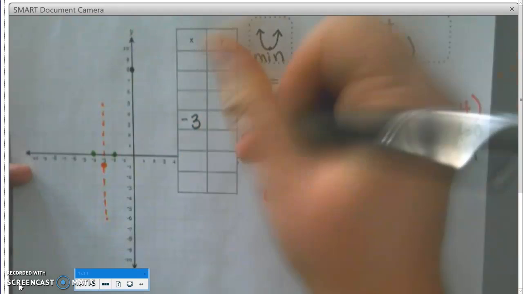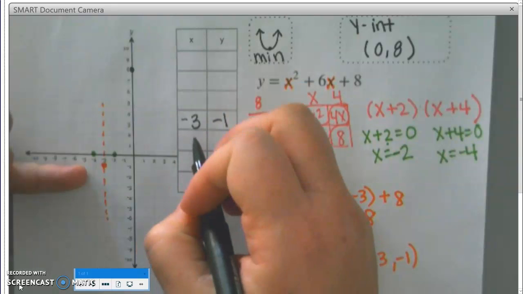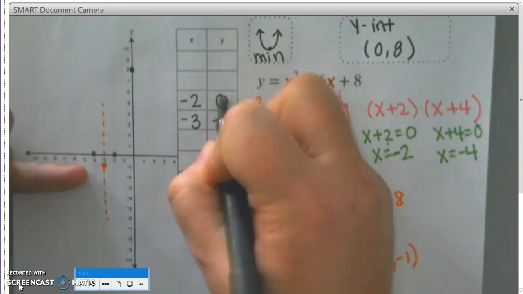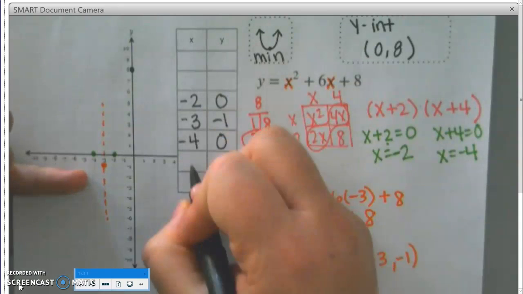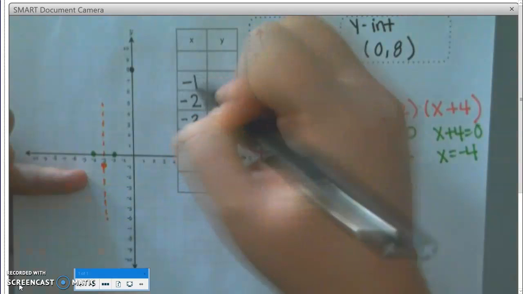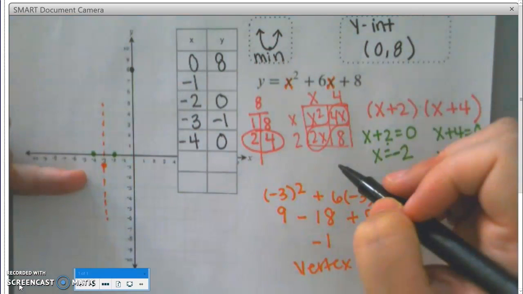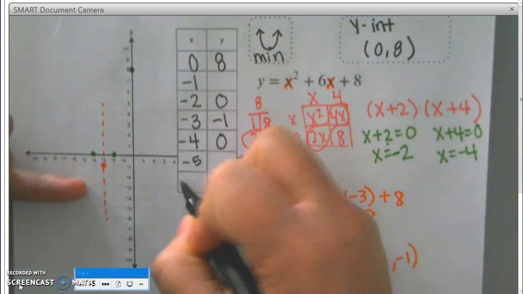So negative 3, negative 1. I know that negative 2 is 0. I know that negative 4 is 0. I don't know negative 1, but I know that 0 is 8 because that's my y-intercept. So negative 4, negative 5, negative 6.